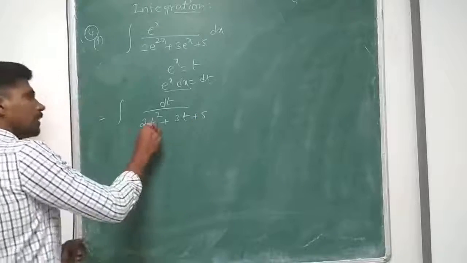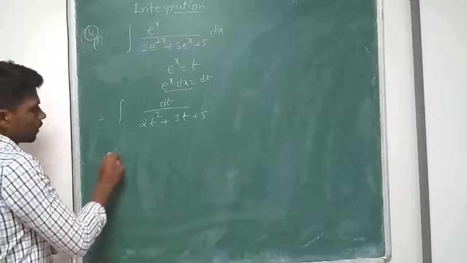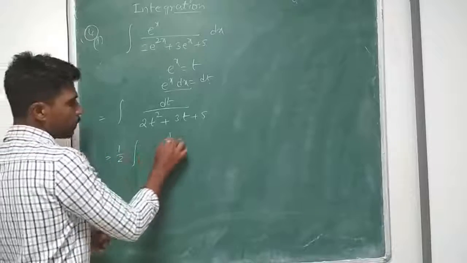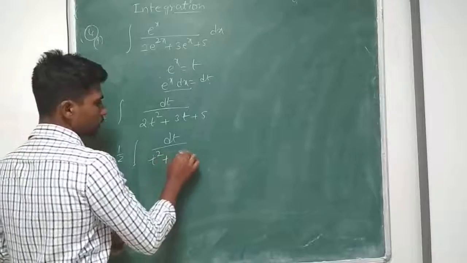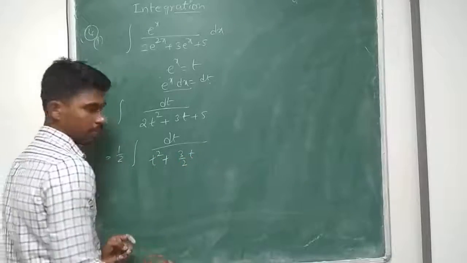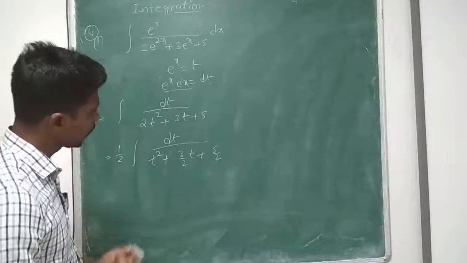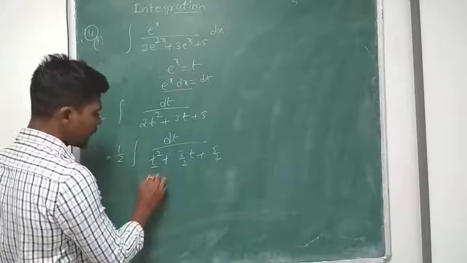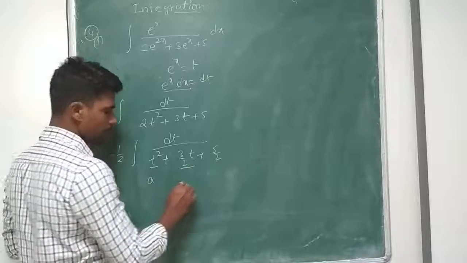The coefficient of t square is 2, so I have to take 2 common. Then it reduces to t square plus 3 by 2 into t plus 5 by 2.